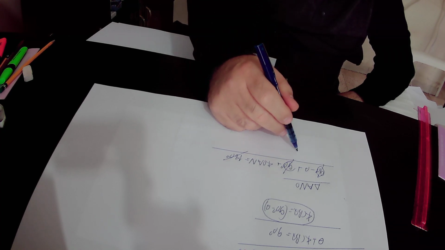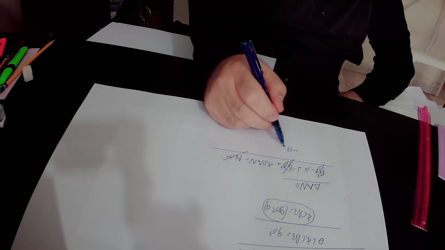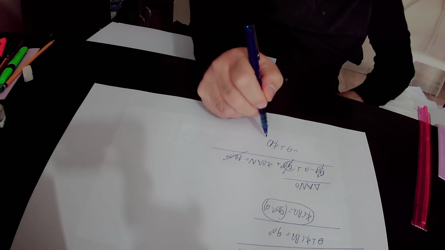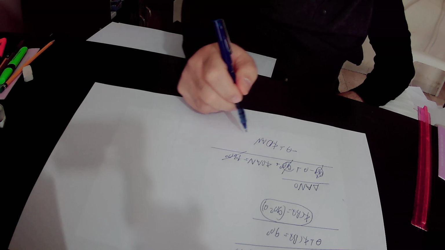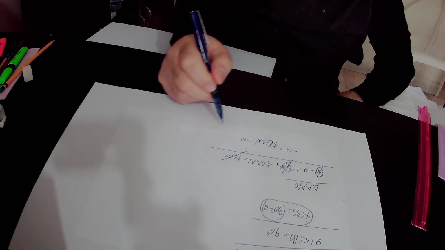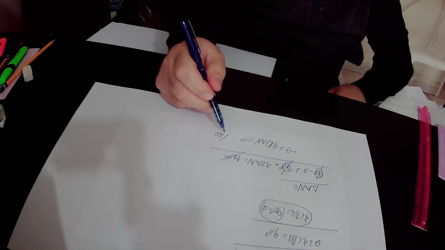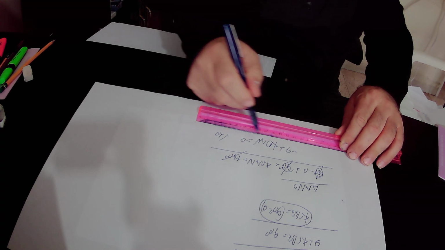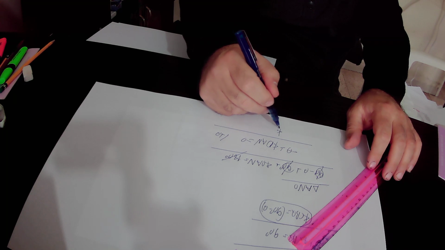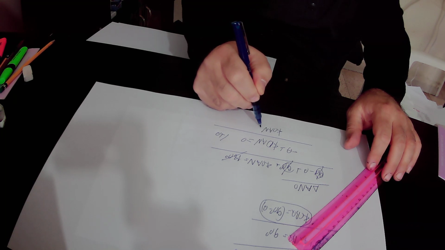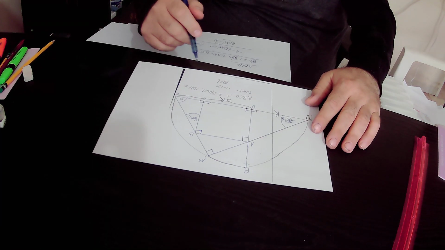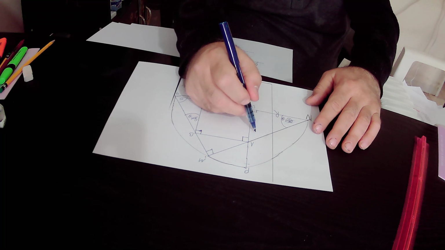And we're left only with minus theta plus angle OAN equals 0. We add theta to this equation and we get that angle OAN is equal to theta. So we found out that angle OAN equals theta.